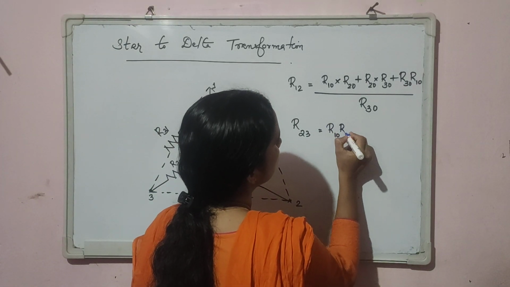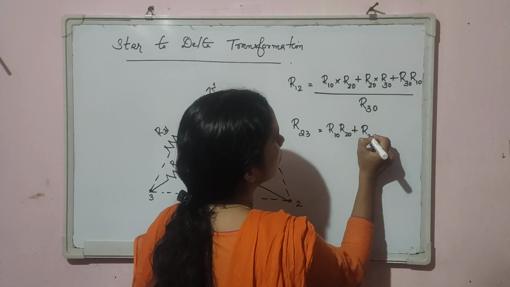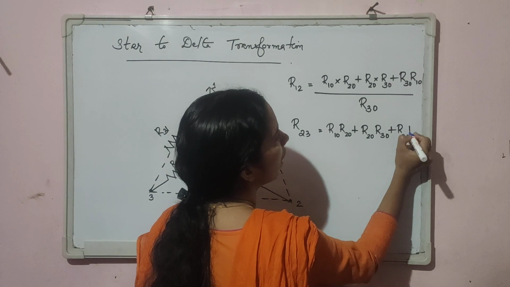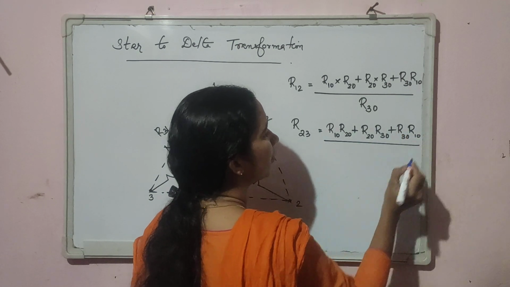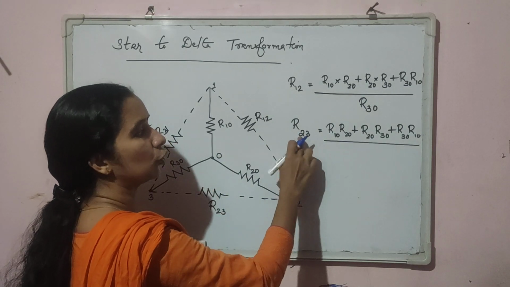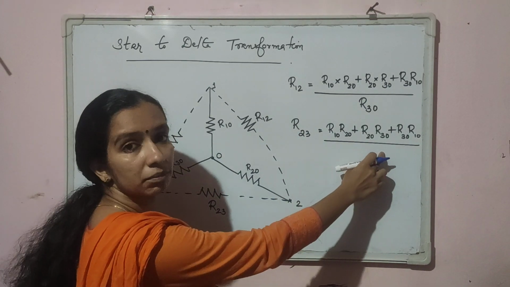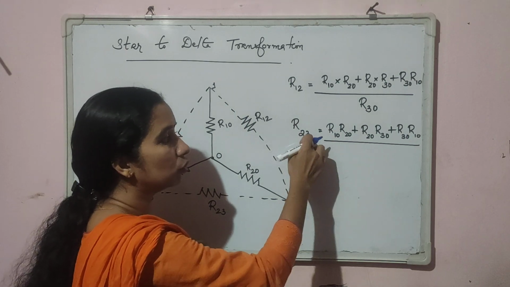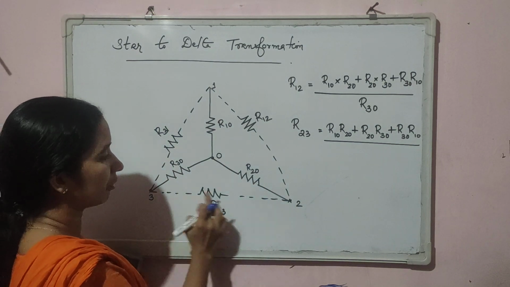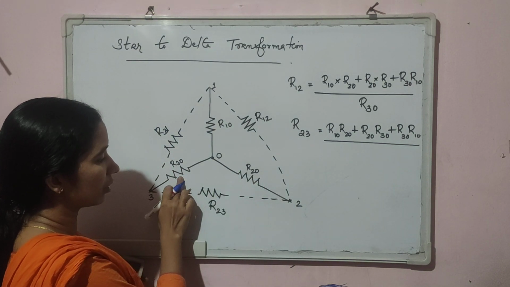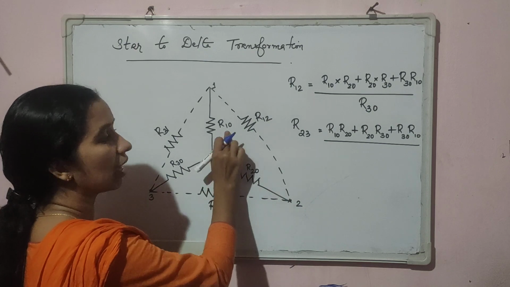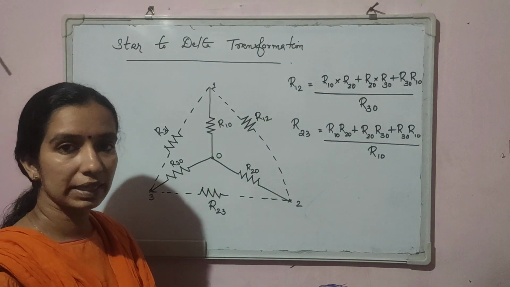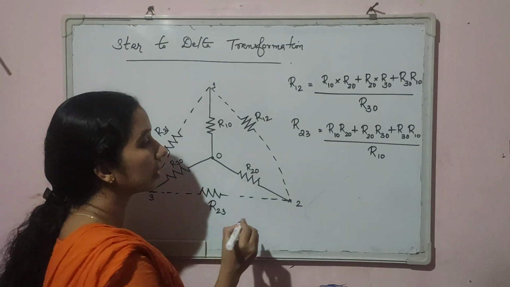R10 into R20 plus R20 into R30 plus R30 into R10 divided by, so we are calculating R23, then we have to divide this term by the resistor which is not connected to either terminal 2 or 3. So here the resistor which is not connected to 2 or 3 is R10. So divided by R10.